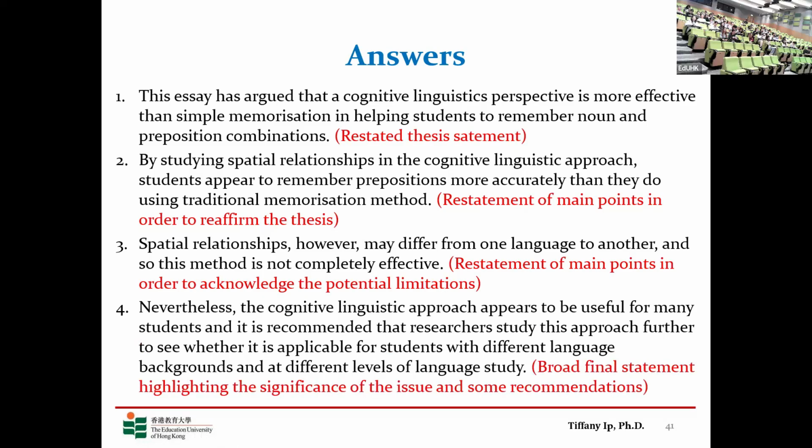And at the end, you would give some sort of recommendation, what future researchers can do, the future research direction. So you reinforce: given the potential limitations, a cognitive linguistic approach appears to be useful for many students still, and it is recommended that we check this approach further to make sure it's really useful for more students.